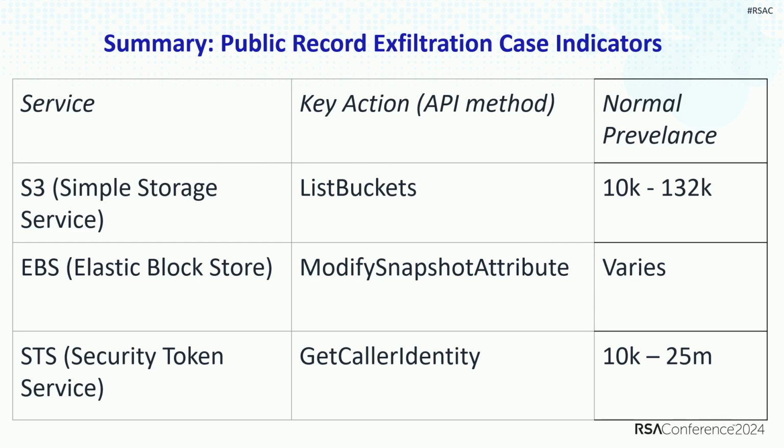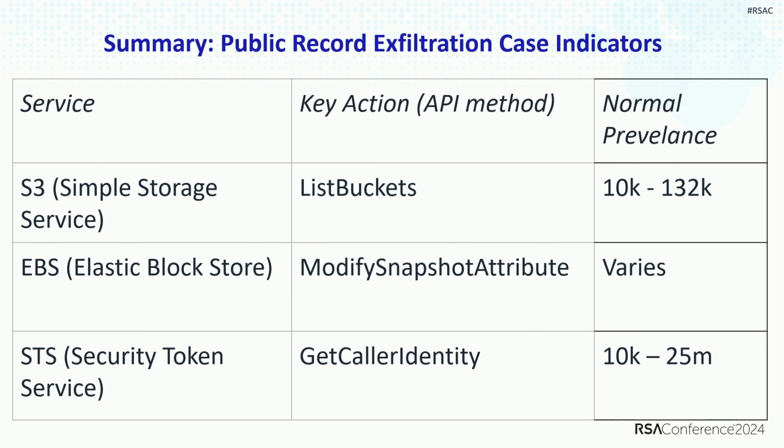Rather than using conventional means, this was something we hadn't really seen before at the time, and I'm not sure we'd thought about. A threat actor was able to compromise a user account, and they were able to share snapshots with their own account.